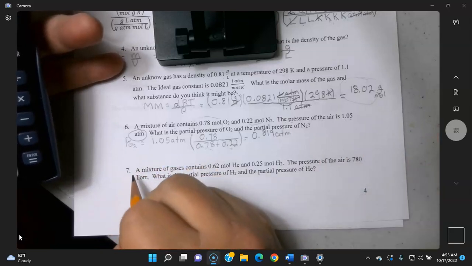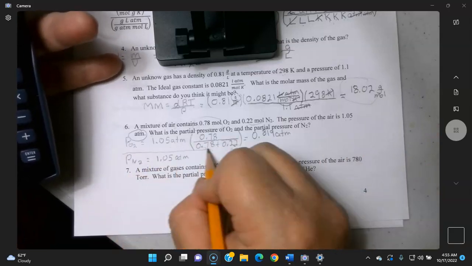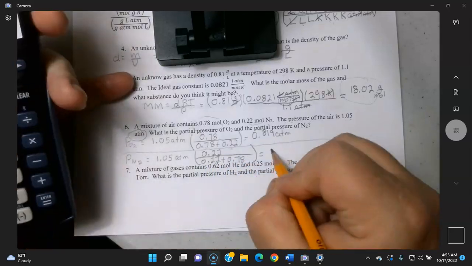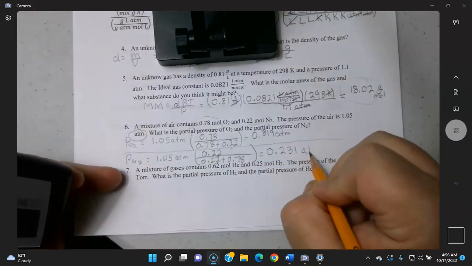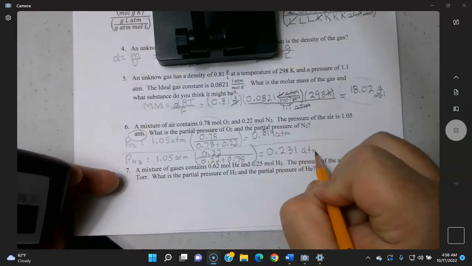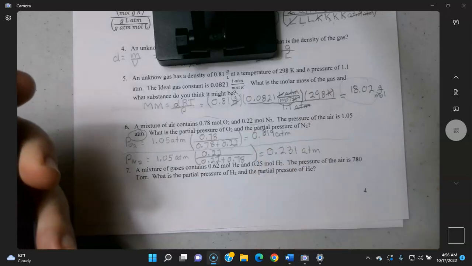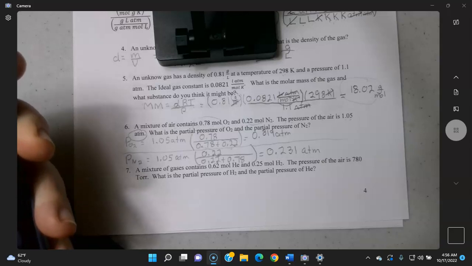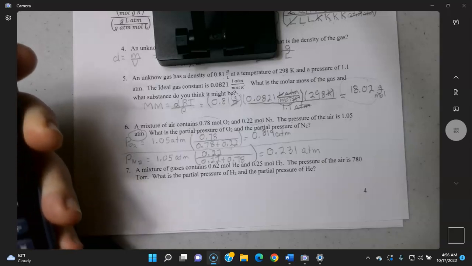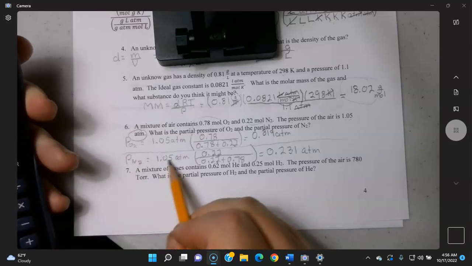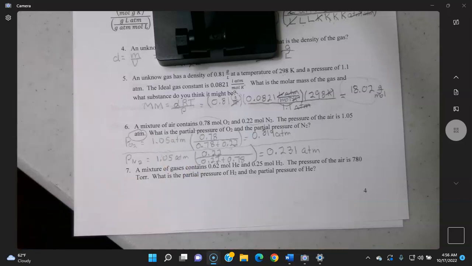Okay, let's do it for nitrogen. And that's atmospheres, and that's for N2. And what would you get if you added those two together? You get 1.05, the total pressure that you started with. Okay, so you can check your work by doing that.